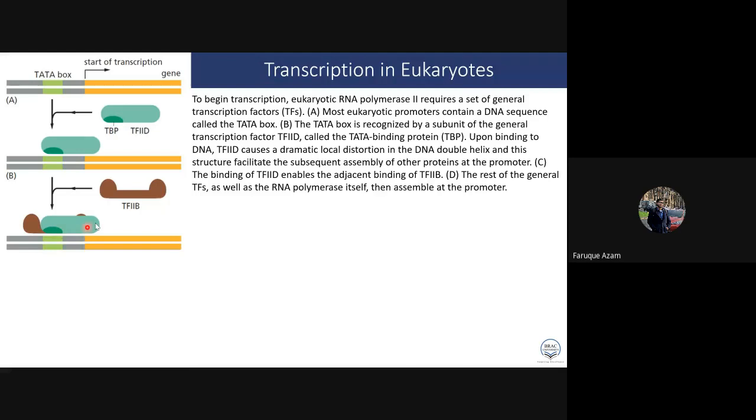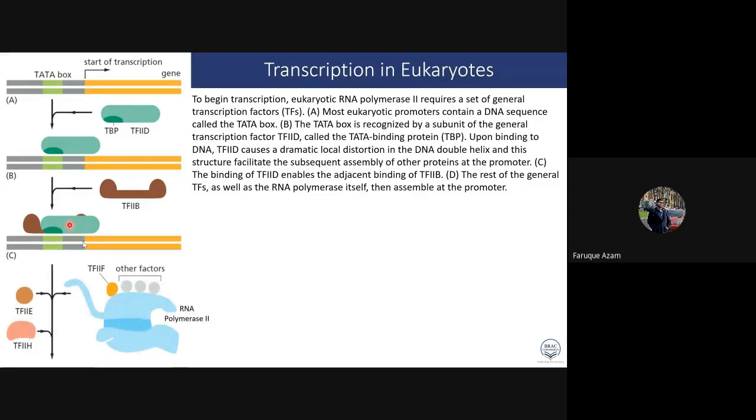And when this comes, this complex recruits the other transcription factors and RNA polymerase. So as you can see, this is the RNA polymerase, and along with the RNA polymerase there are other general transcription factors, transcription factor 2E, 2H. All these come and bind to the promoter region.